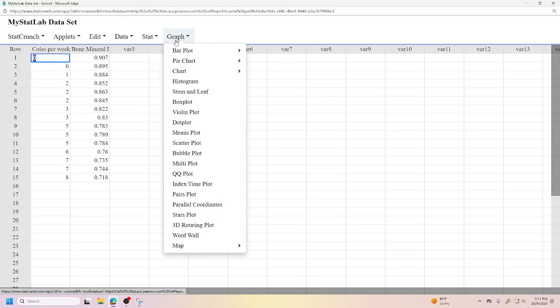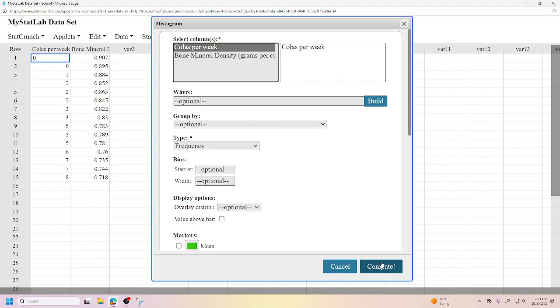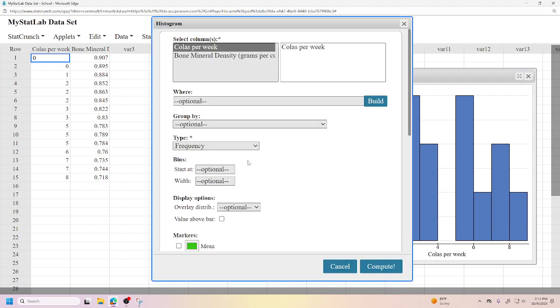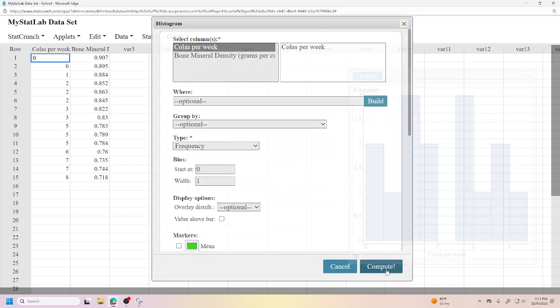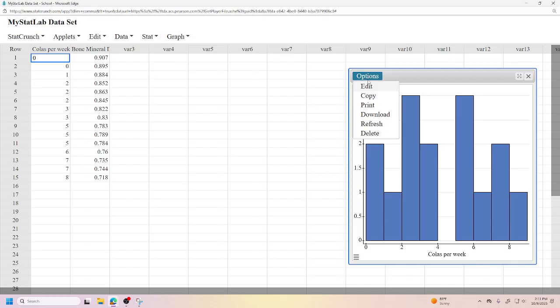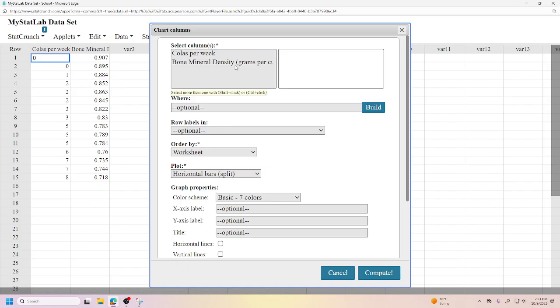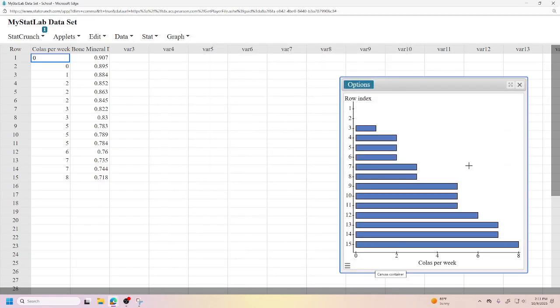So graph, histogram, and you got to click one or the other. If you don't really like that, you can change where you start and how much you change it by. It might look better, or you just scrap that idea entirely and try the bar chart. So chart, I think it's columns, and then it might look a little differently.